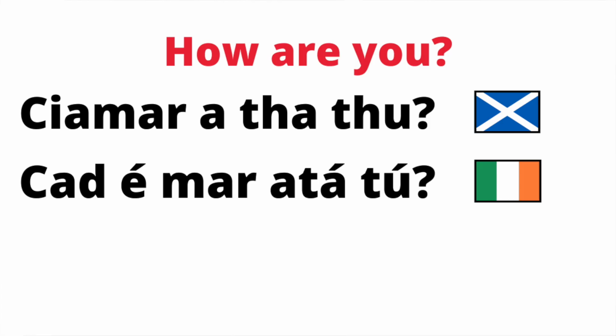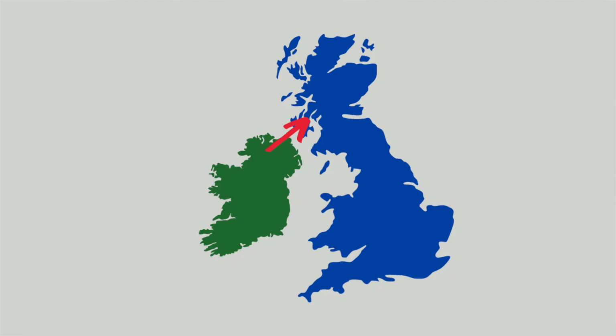Which brings me nicely on to my next point, and that is that speakers of the Ulster dialect of Irish are probably going to have a greater understanding of Scottish Gaelic than the speakers of the Connacht and Munster dialects further south. This is because Ulster Irish is closer to Scottish Gaelic due to the geographical proximities of the people and the land.